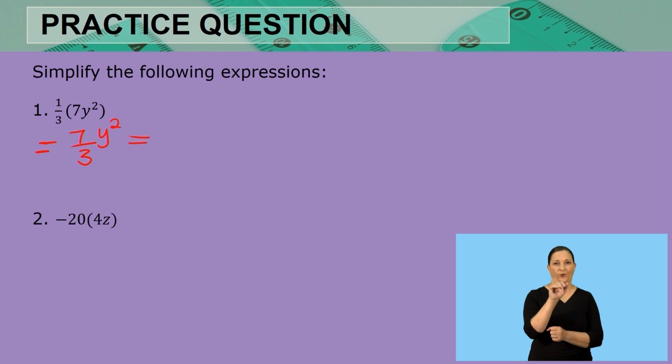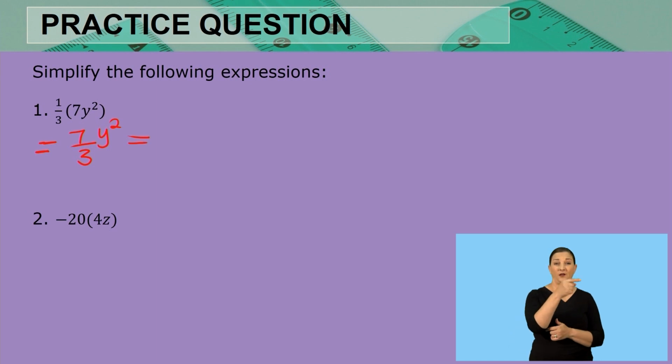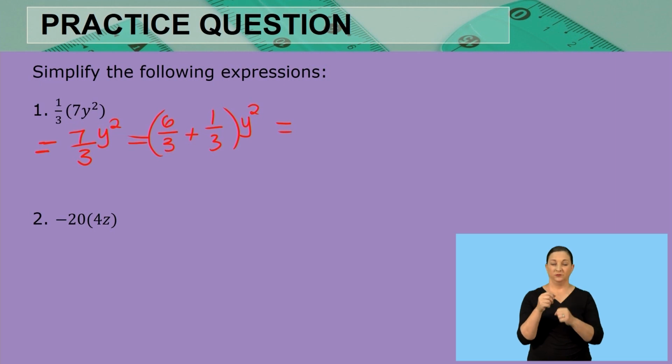Now, because we need to simplify that as it is an improper fraction, 7/3 is equal to, remember how we break them up, 6/3 plus 1/3, and that y squared remains as it is. And how much is 6/3? This is 2, and that is going to be 2 and 1/3 with the y squared.